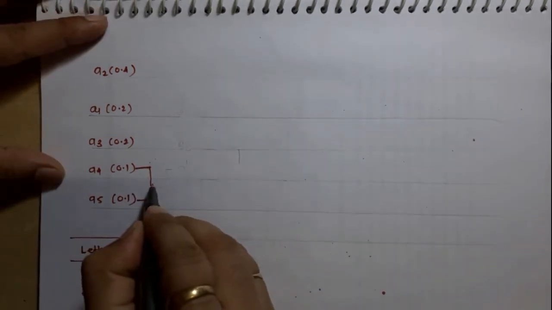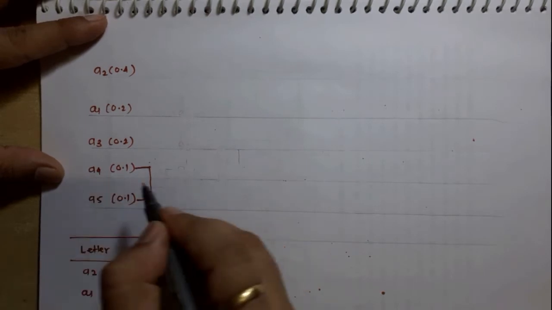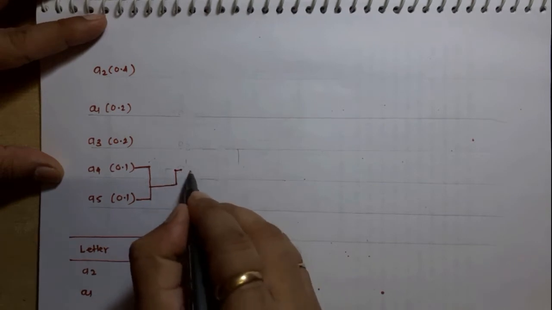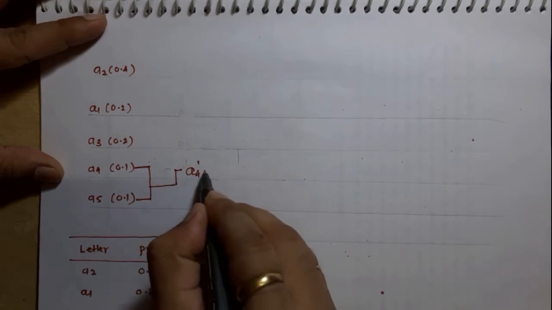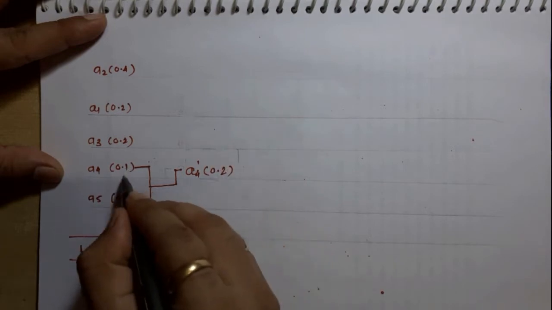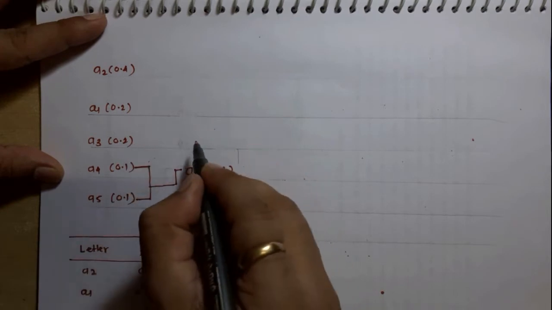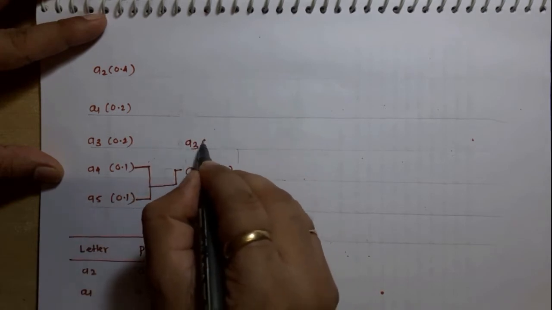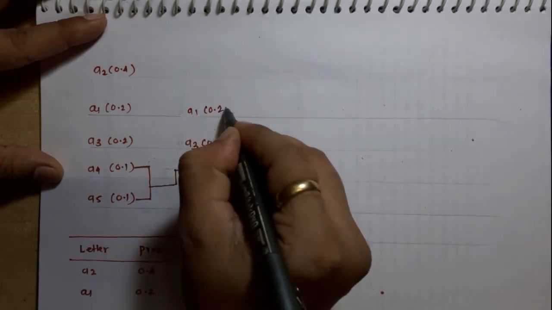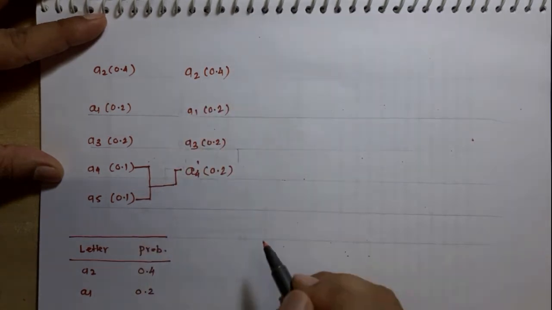Adding them gives another letter, which we call A4 dash, with probability 0.2, because 0.1 plus 0.1 gives 0.2. We write the remaining probabilities as they are: A3 of 0.2, A1 of 0.2 and A2 of 0.4.